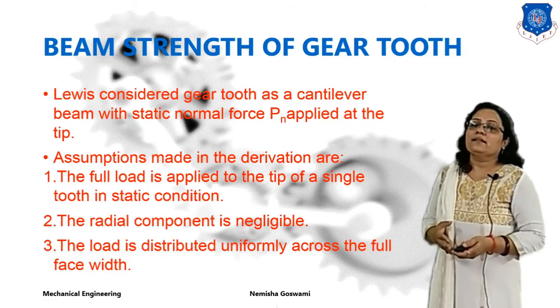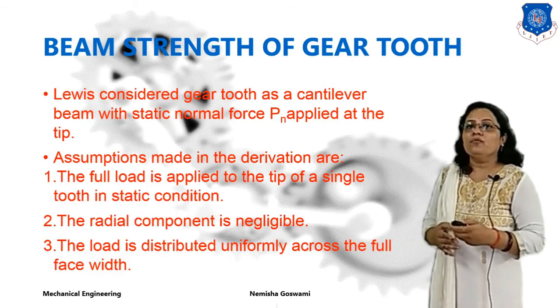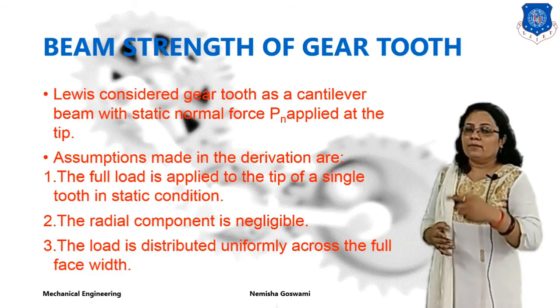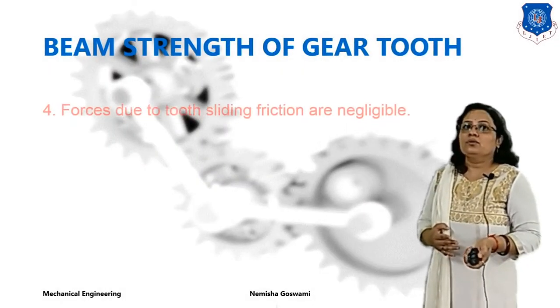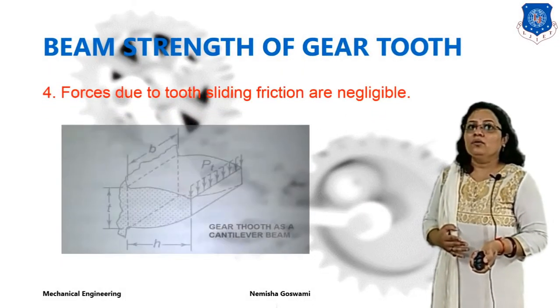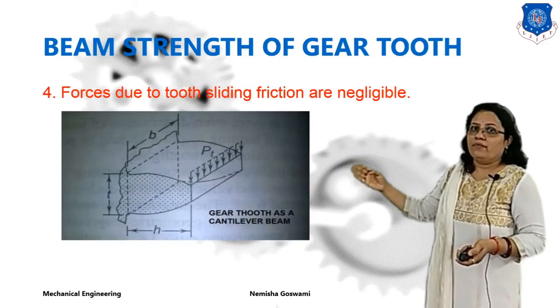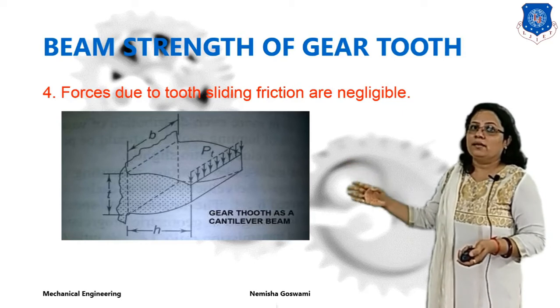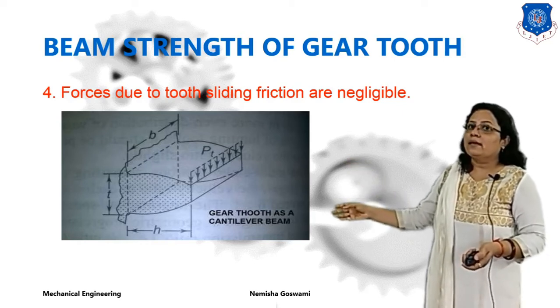We also consider that the load is uniformly distributed across the full face width. You can see here that b is the face width, the load is uniformly distributed, and we consider the gear tooth as a cantilever beam.